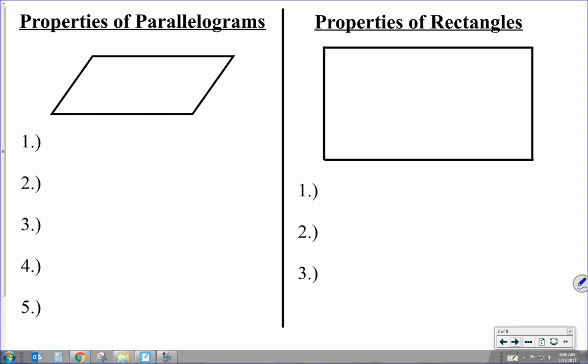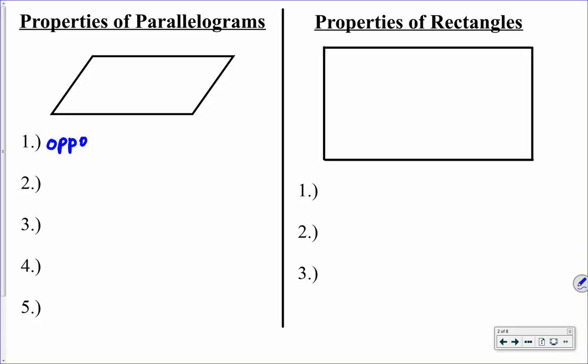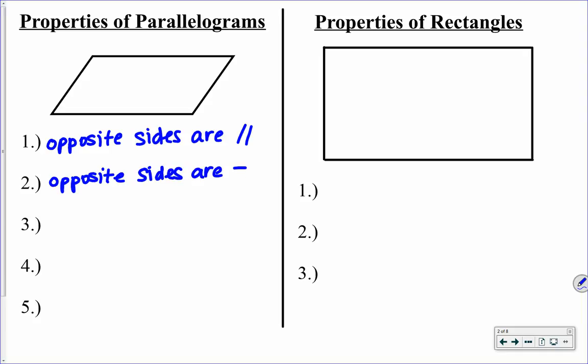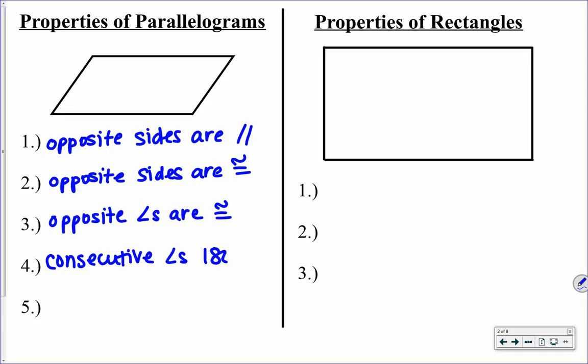Our properties of parallelograms are that opposite sides are parallel, opposite sides are congruent, opposite angles are congruent, consecutive angles are 180 degrees, and diagonals bisect each other.